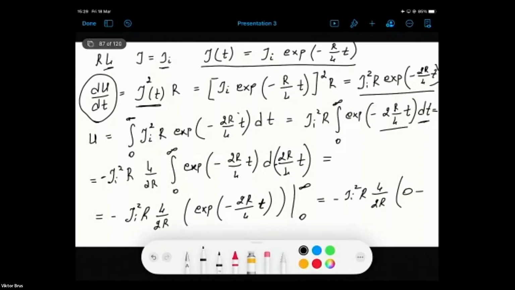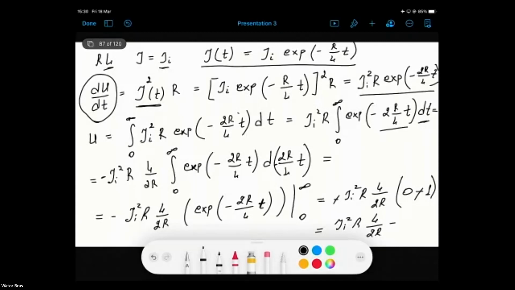And if we have 0 instead of time, we actually get unity. So it will be 0 minus 1. And eventually, our result will be I initial square, since minus and minus cancel, times R times L divided by 2R.